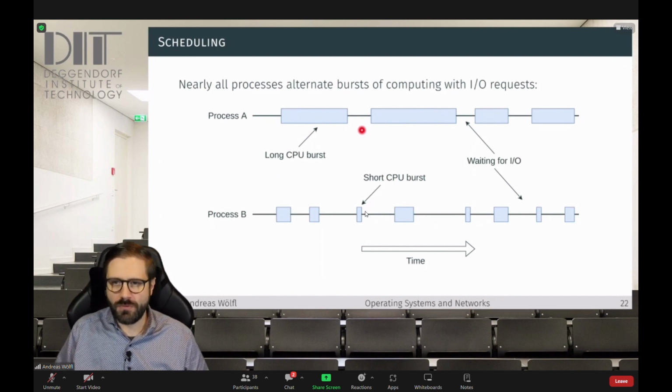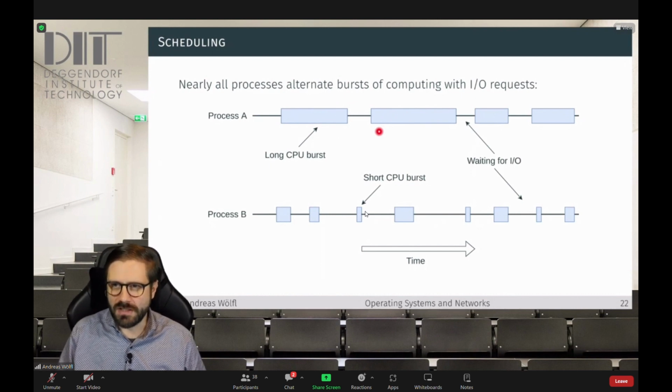So time flows from left to right in this diagram, and process A, if you compare it to process B, you see clearly it has longer CPU bursts. And process B has shorter CPU bursts. And in between CPU bursts, well, the processes are waiting for I/O, for example.